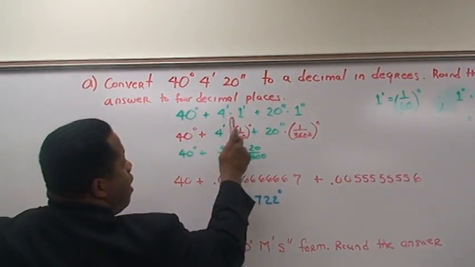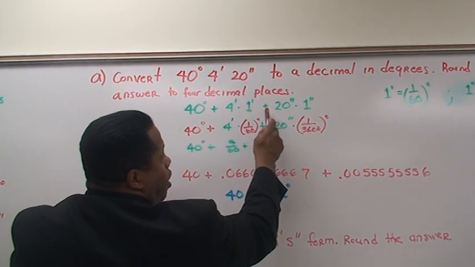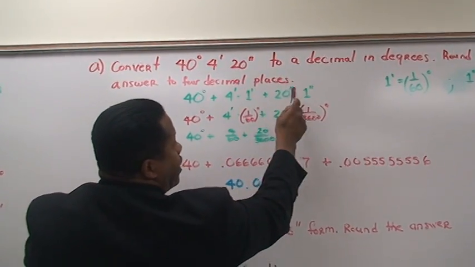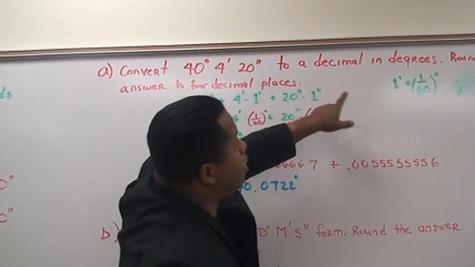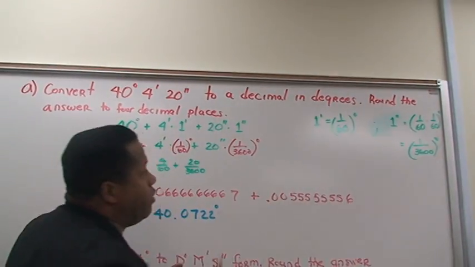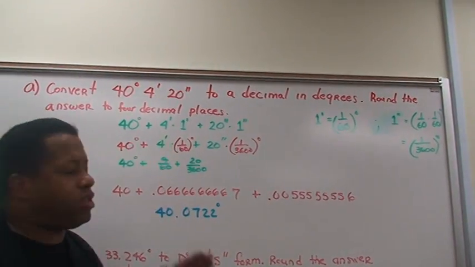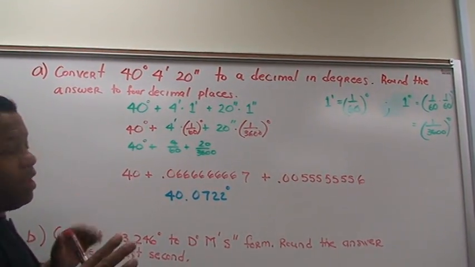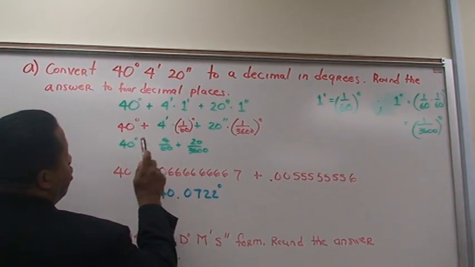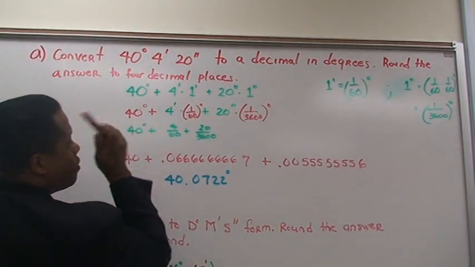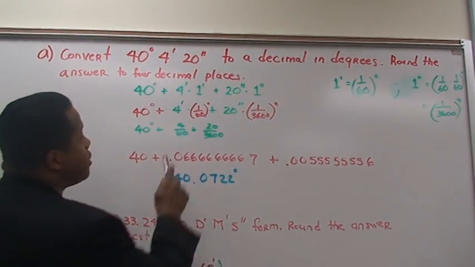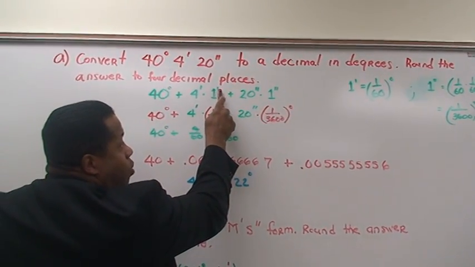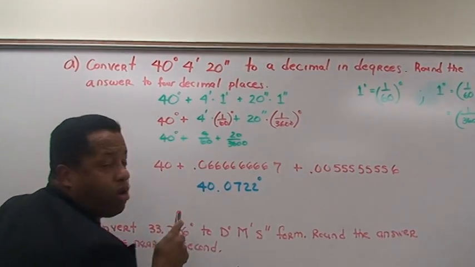So here, and then I continue on, plus 20 seconds times 1 second. The reason is that we're getting ready to convert this all the way over to degrees, but as decimals. So here I'm saying 40 degrees plus 4 minutes, and now this 1 minute is equal to 1 over 60 degrees.